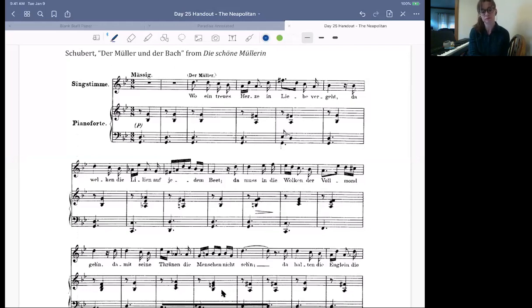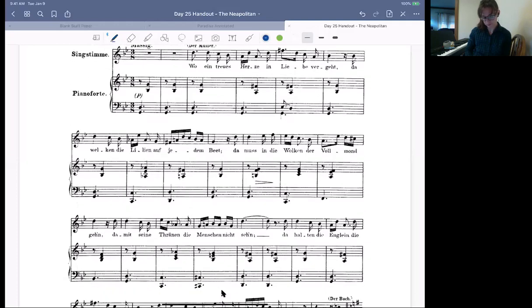Oh, ein treues Herz in Liebe vergeht, da welken die Lilien auf jedem Beet.